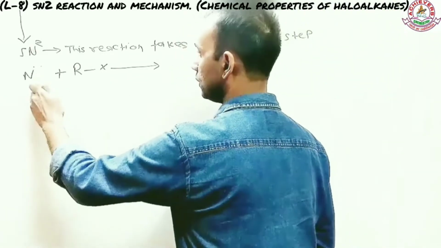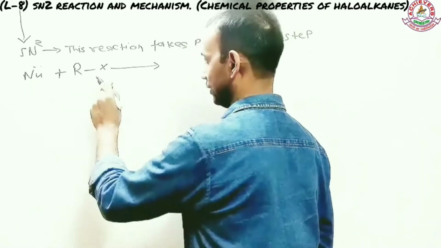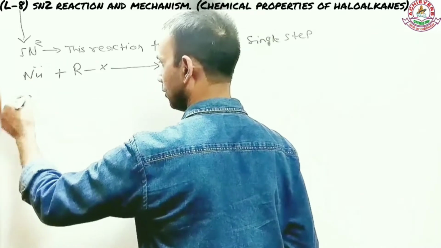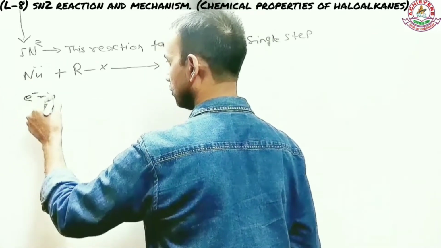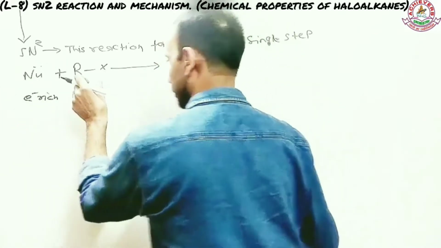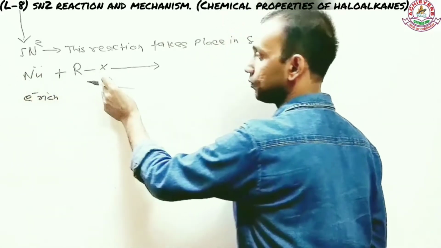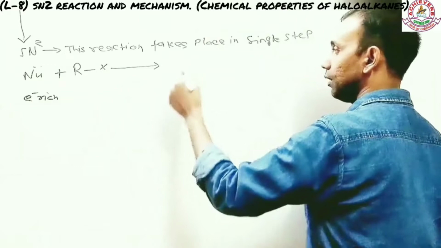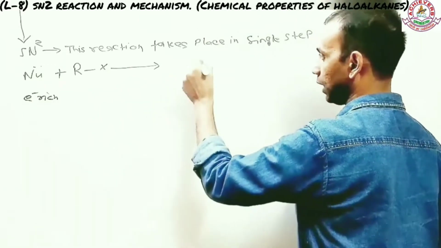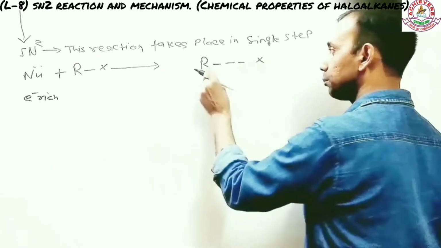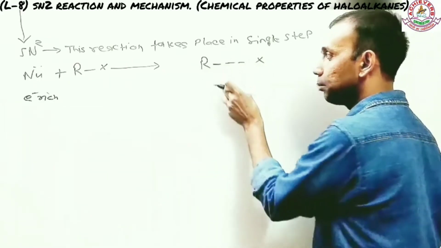This represents a nucleophile, and this is an alkyl halide. So what happens? The nucleophile is electron rich. This is an electron rich species, right? And this electron rich species will displace the halogen from right here. So as the reaction starts, the bond between carbon and halogen starts becoming weak.